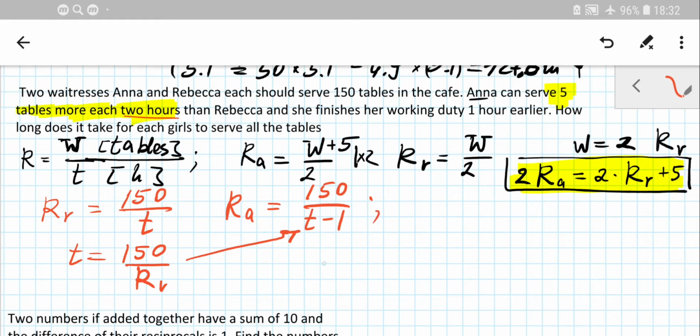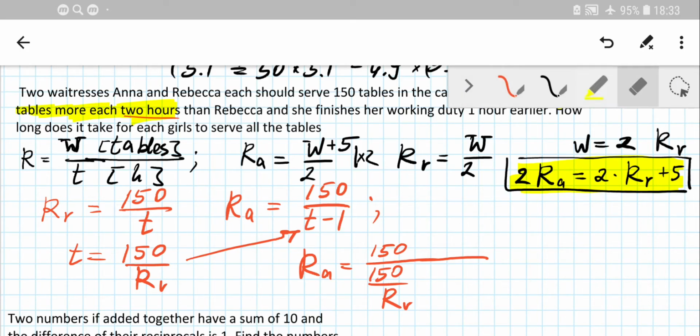So what about the rate for Anna? It's going to be 150 over, and now in the denominator I've got 150 over R, Rebecca, and here I subtract 1. I want the same denominator, so instead of 1, I put minus Rebecca rate over Rebecca rate, because when they cancel you'll get 1.